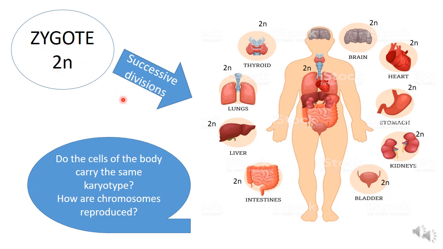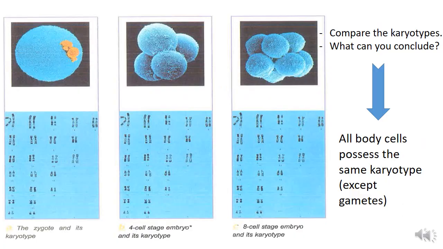We're going to answer these 2 questions. Do the cells of the body carry the same karyotype? And how are chromosomes reproduced? Okay, so to answer these questions, I want you to open your books on page 160.